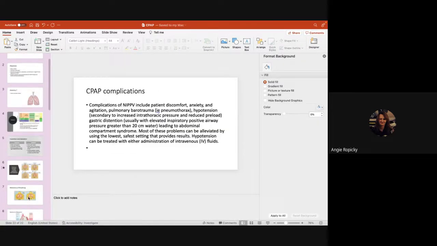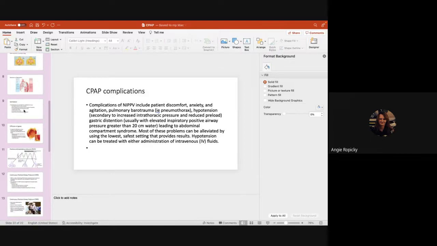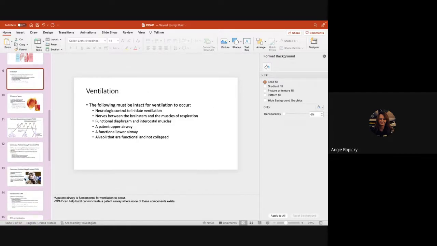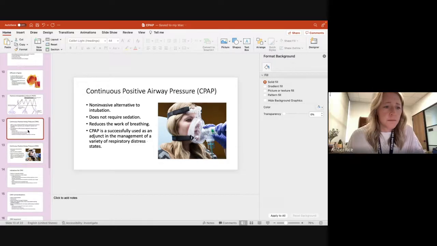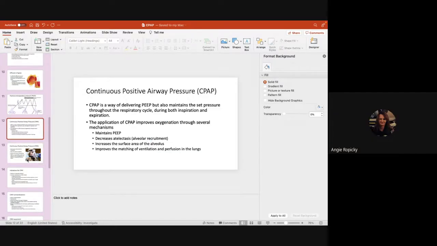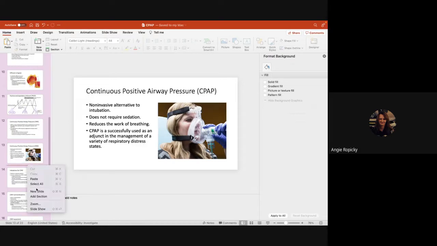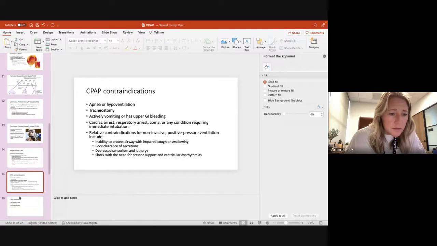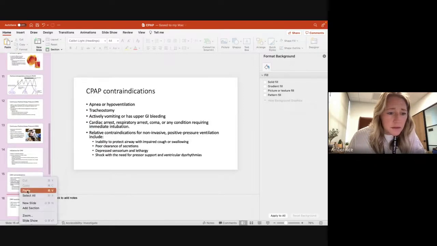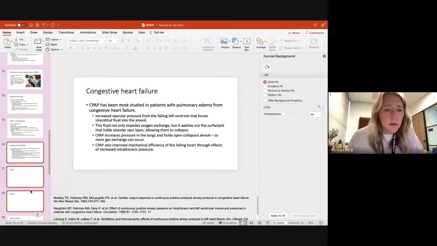Maybe after the physiology. Yeah, after the physiology and then before an indications section, and then you go through each diagnosis. Yeah, that sounds right. So indications, contraindications, and then those three slides. And then talk about in each case what it would do.